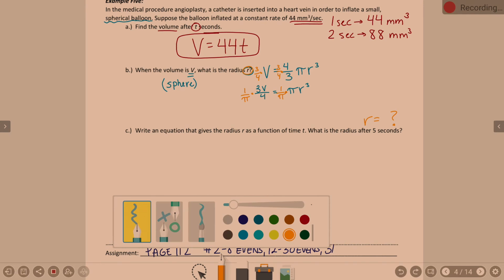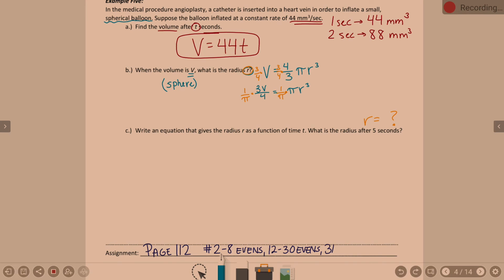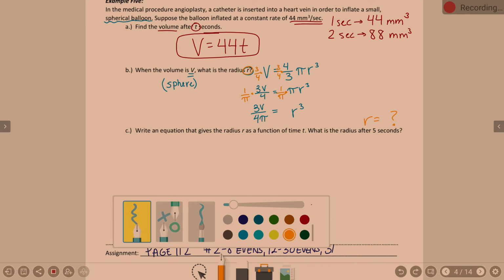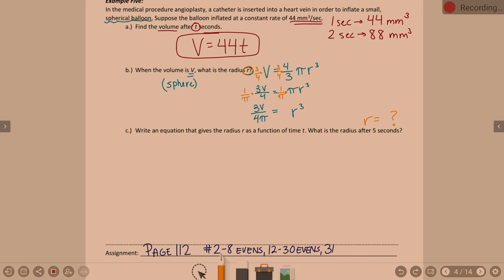So now, 1 over pi times 3v over 4 is going to become 3v over 4 pi equals r cubed. How do we solve for r if it's r to the third? We are going to cube root. If we cube root one side, we cube root the other side.